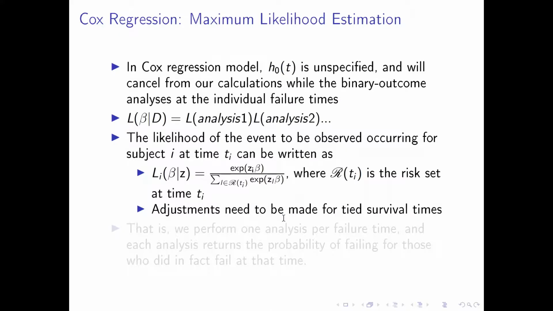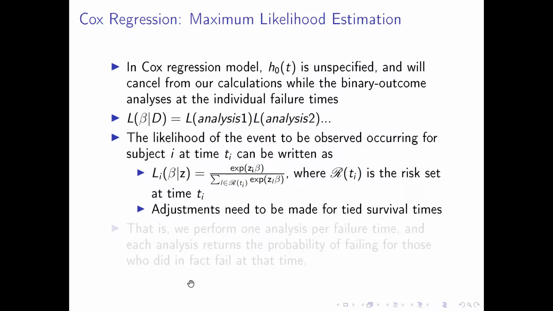Here we have a little bit of complication because sometimes we could have multiple cases that fail at the same time. These are called tied survival times. In that circumstance, adjustments, including Efron and Breslow adjustments, have to be made for such tied survival times.